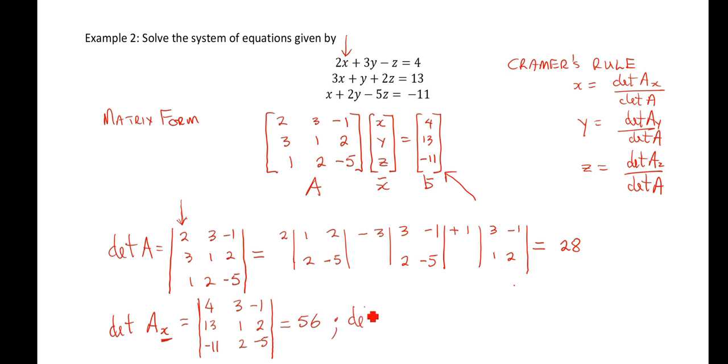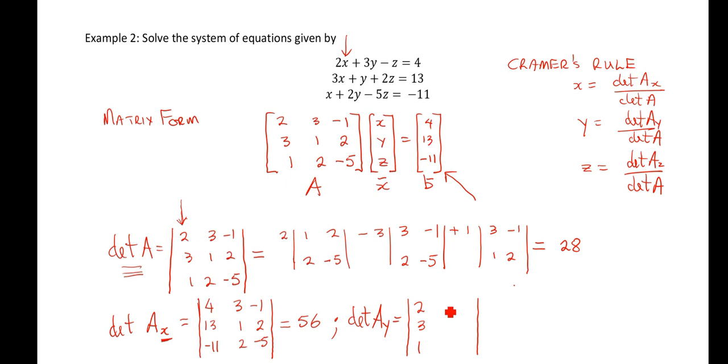Let's find the next determinant, AY. Now what do I replace? Remember, I'm looking at the original determinant of A. Now I'm replacing the second column. So the first column stays the same: 2, 3, 1.